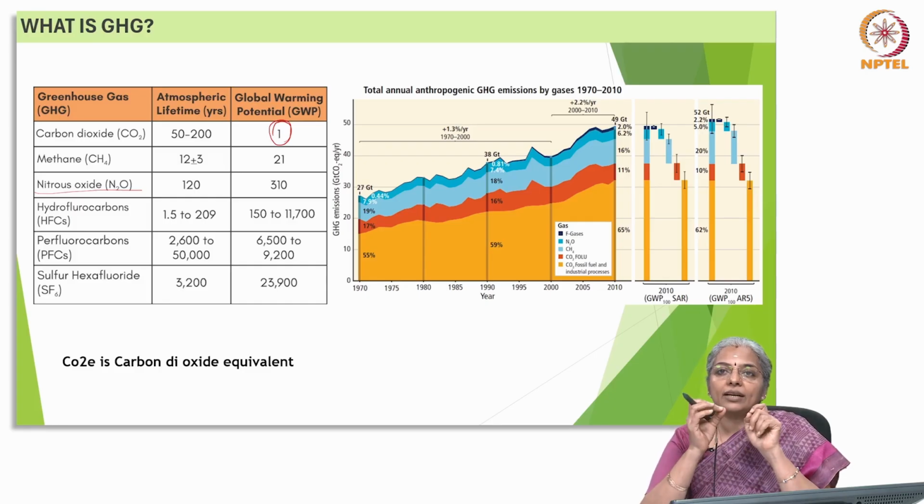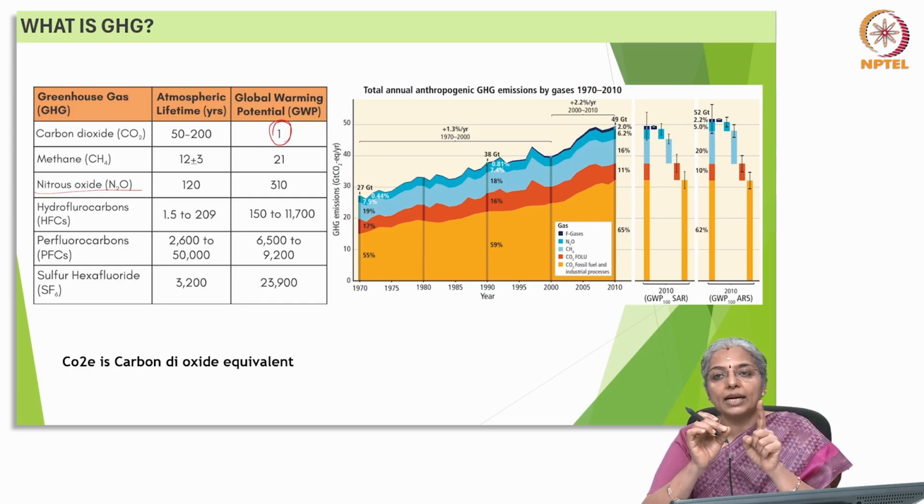So, embodied carbon is reported as global warming potential and it is measured in comparison with one molecule of carbon dioxide over a 100-year time frame.